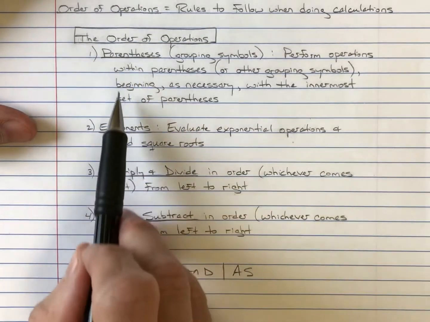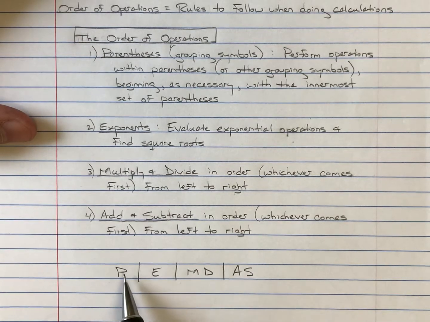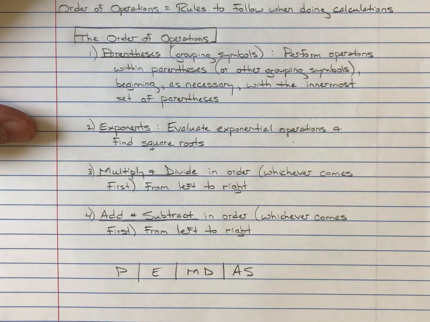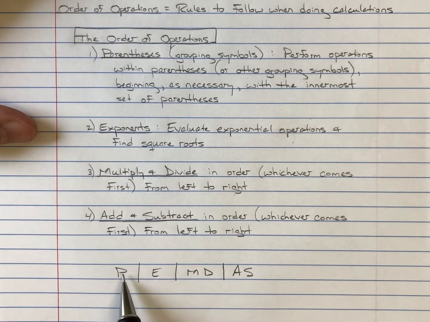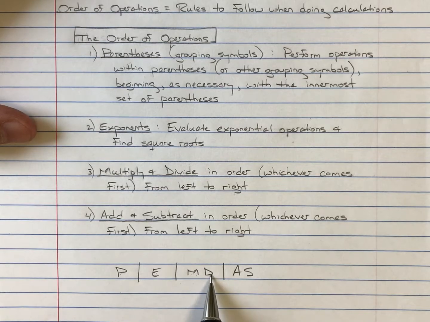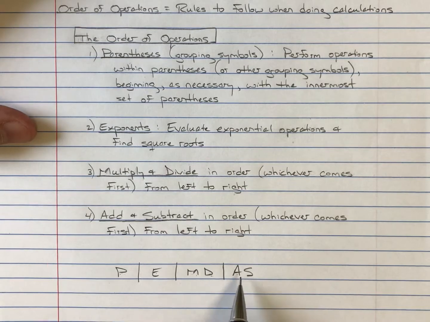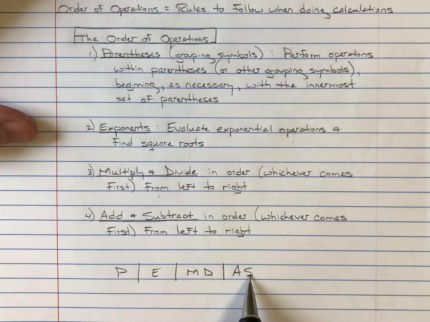Now, if you take the first letters of these things, one of the ways people look at this to help them remember is PEMDAS: P, parentheses; E, exponents; MD, multiplication, division; AS, addition, subtraction. And then there's a saying that goes with this: please excuse my dear Aunt Sally. You need to be careful with these two things, because both "my dear" suggests that multiplication comes before division, and "Aunt Sally" suggests that addition comes before subtraction.